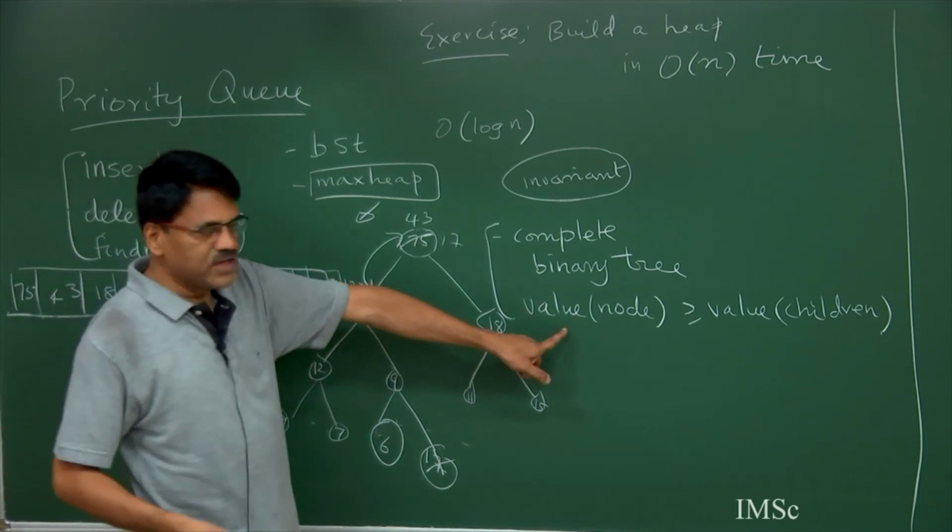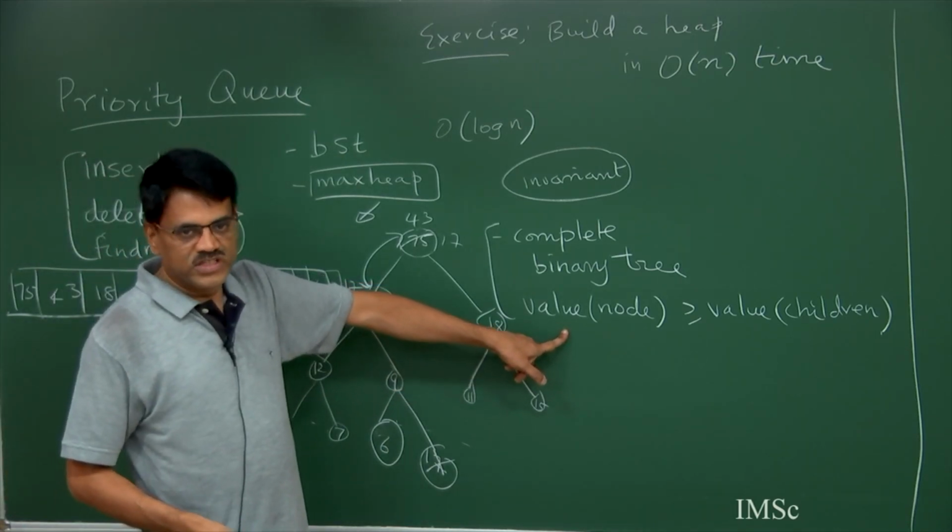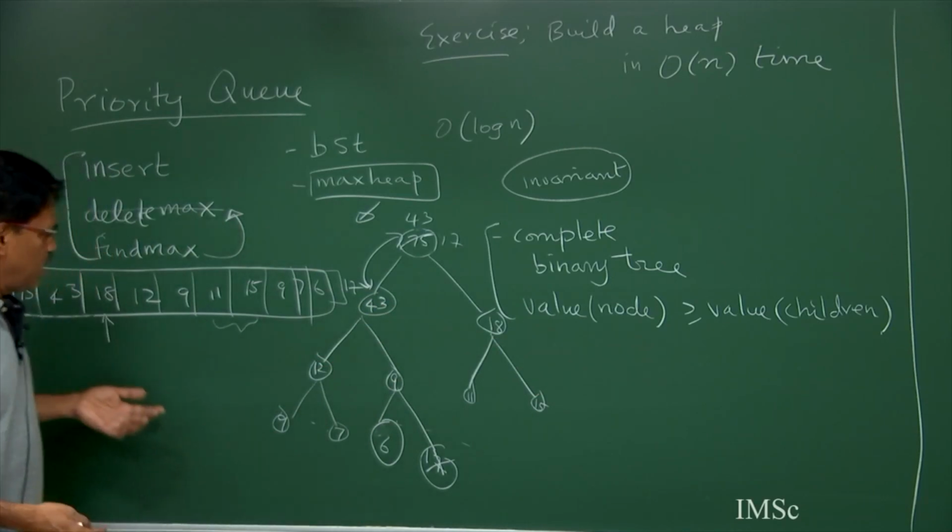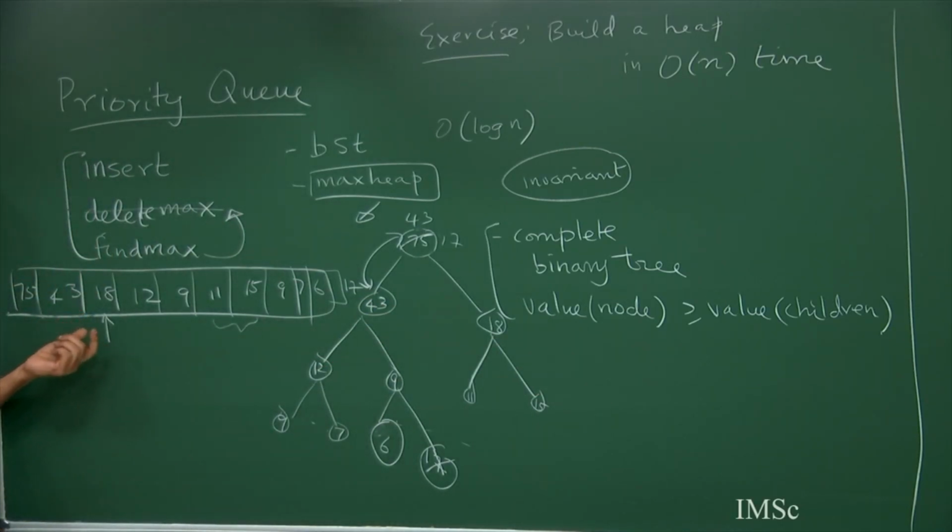It should satisfy this condition: the value of a node is greater than or equal to the value of its children, so the value at position i must be greater than or equal to the values at 2i and 2i plus 1, because they are the children. So, given an arbitrary array of n numbers, you want to reorganize them so that it satisfies the heap property. You can do it in linear time.